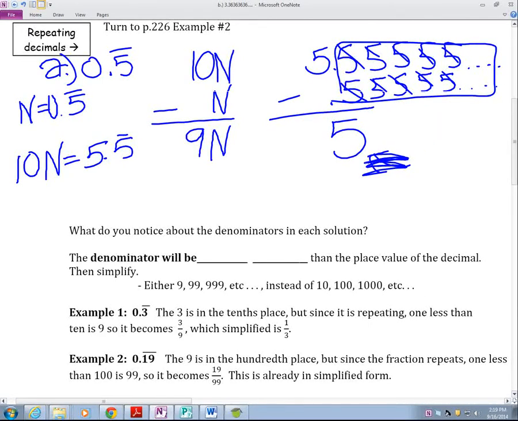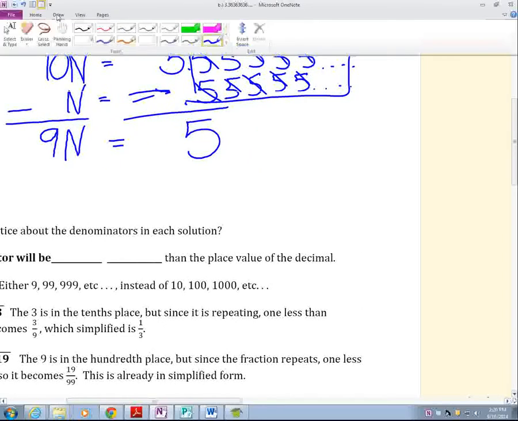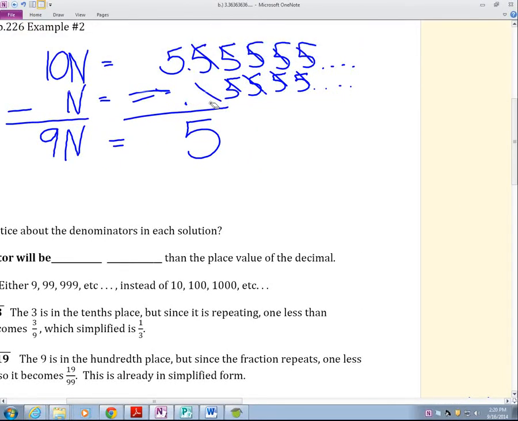Okay? So we have 5. And this whole thing here, 10n minus n equals 5, so we have 9n equals 5.